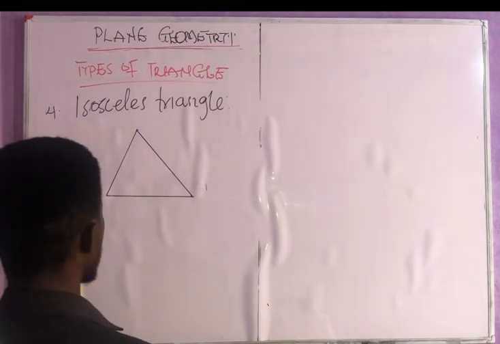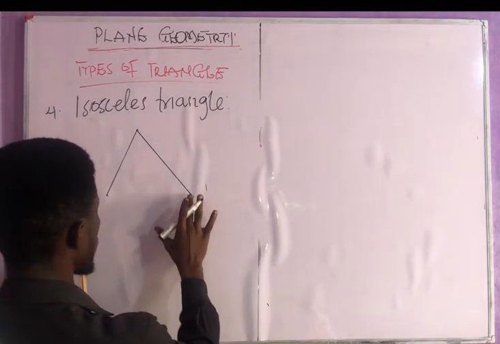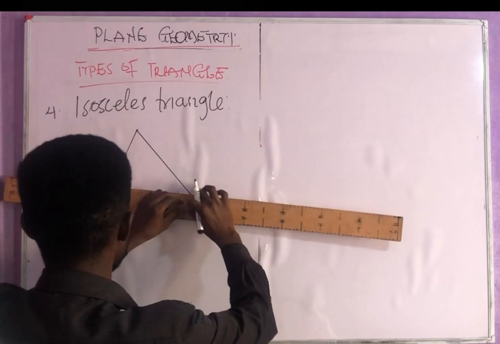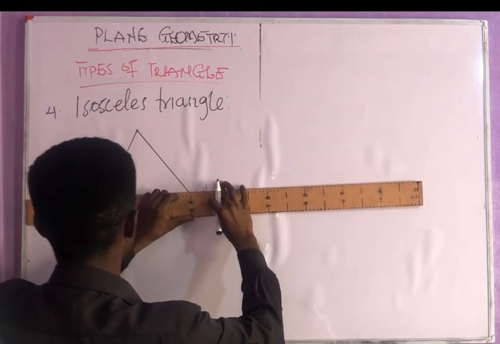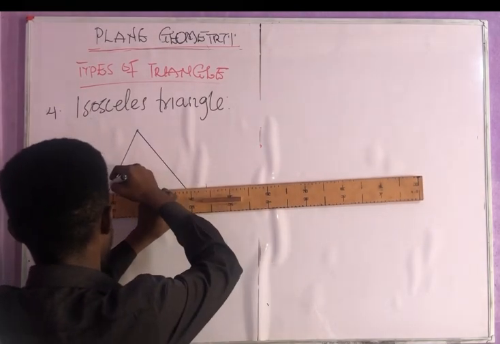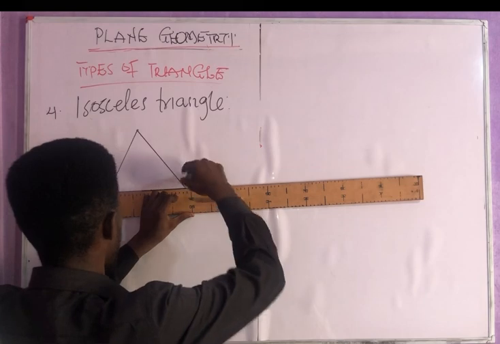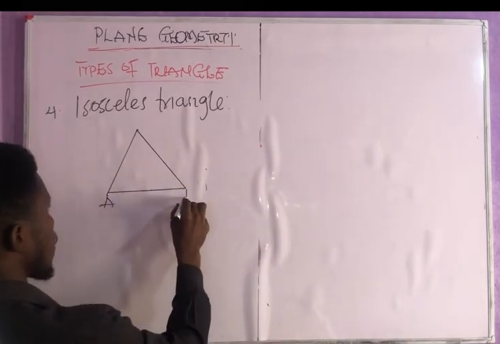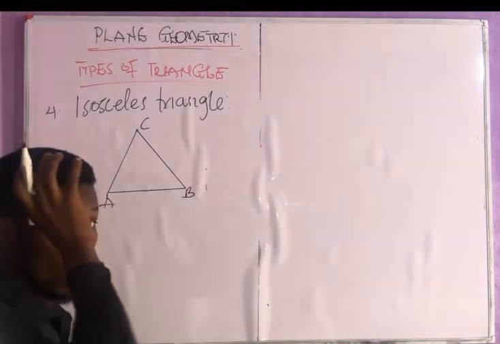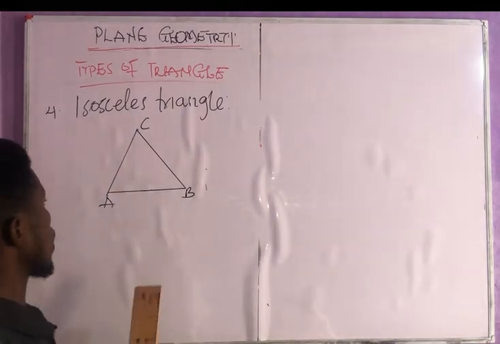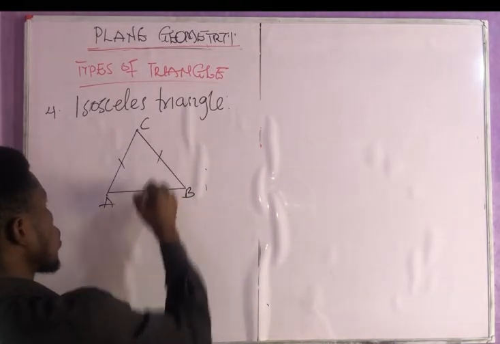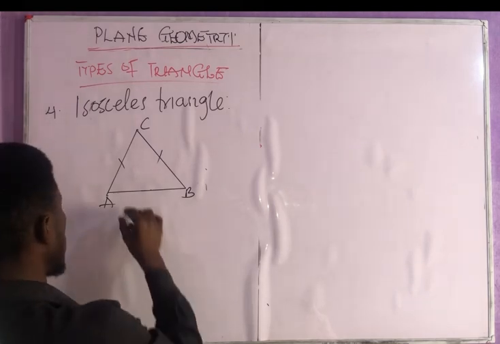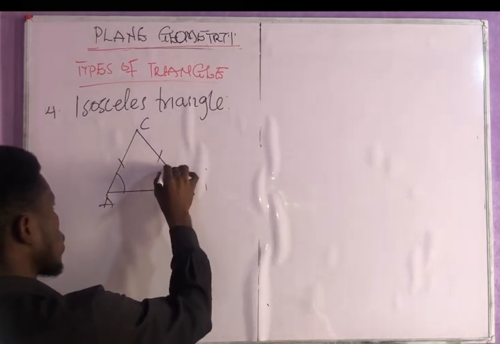So, not drawn to scale. This is too crooked. Let me redraw it again. So now, these are A, B, C. Looking at this particular one, we are saying that only 2 sides are what? Equal. Then the base angles are also what? Equal.